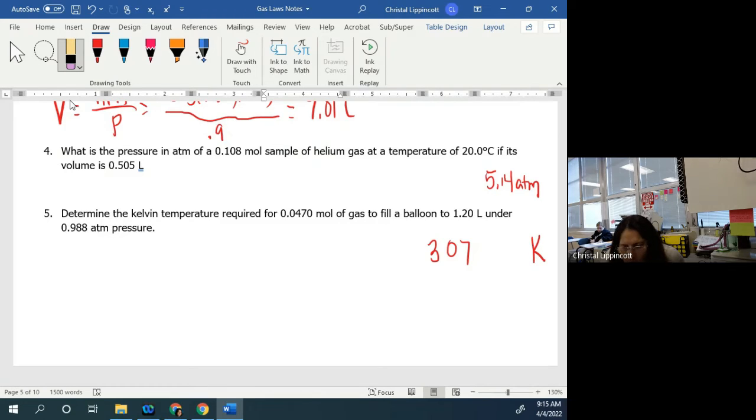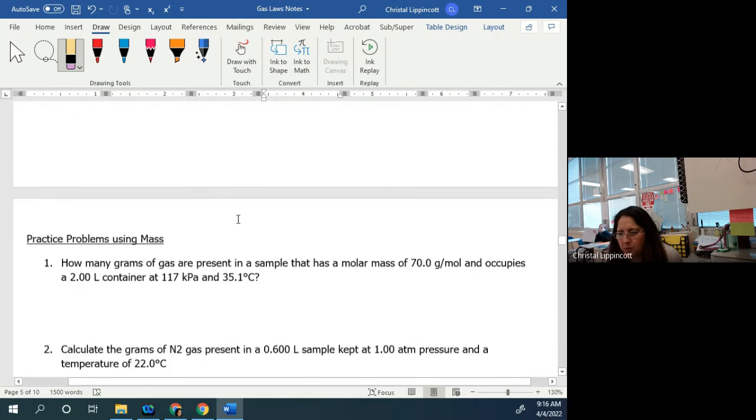My calculator, when it turns itself off, when I turn it back on, a lot of times it will forget that first keystroke. So I had 988 in there instead of 0.988. That happens all the time. I thought that was a big number. Nobody in first hour questioned me. Just saying.